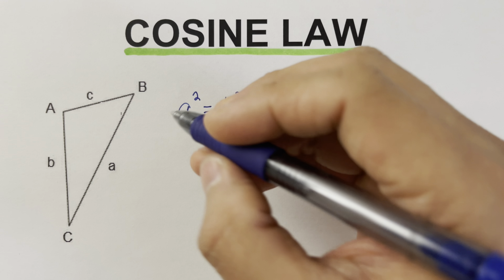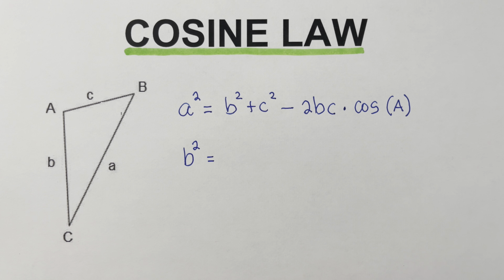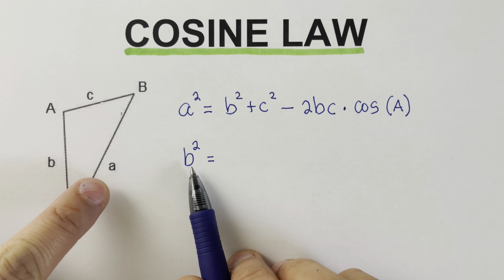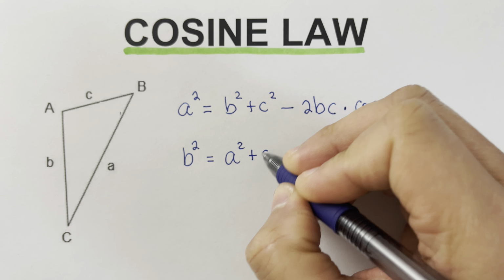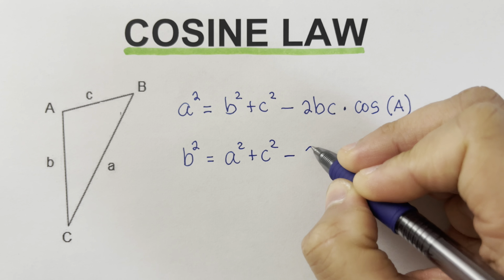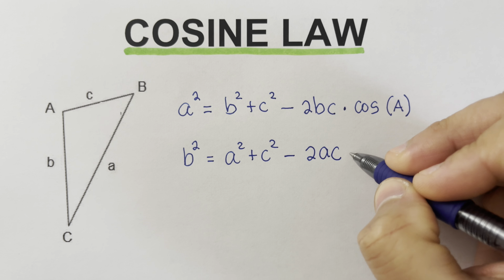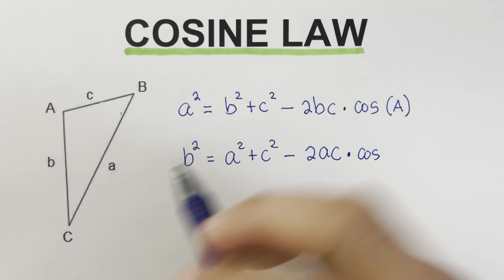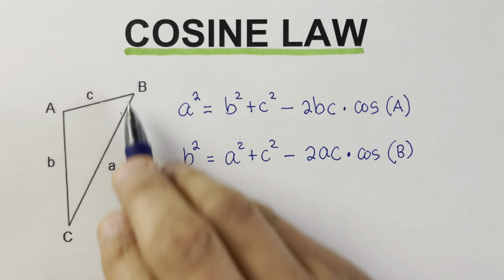Now we can also determine the formula for b squared. We always remember that we equal this to the sum of the squares of the remaining sides, which are a and c. So that's a squared plus c squared, minus 2 times the product of these two, ac, times the cosine of the angle between them, which is B, the angle opposite the side.